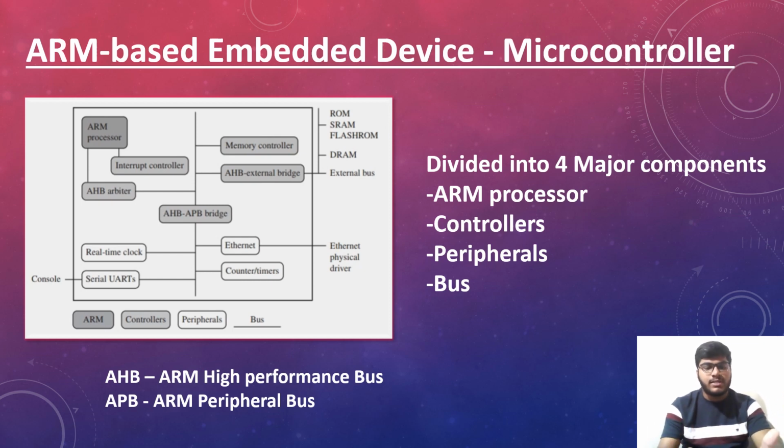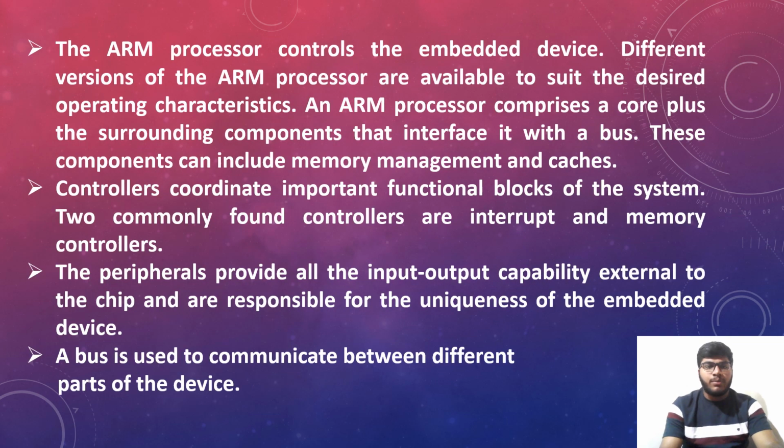The AHB is known as the ARM High Performance Bus, and the APB is known as ARM Peripheral Bus. The controllers are divided into interrupt controller and memory controller, and the peripherals are given here: the real-time clock and the Ethernet, serial UARTs, counters and timers. All these devices are connected by the bus, and the components are given here.